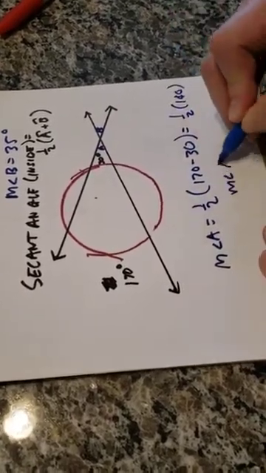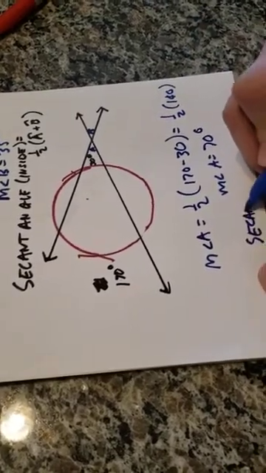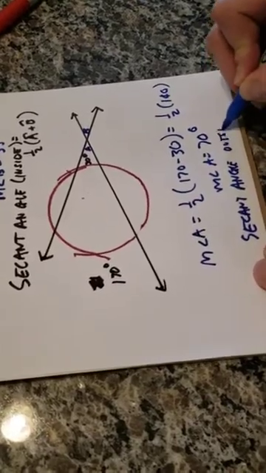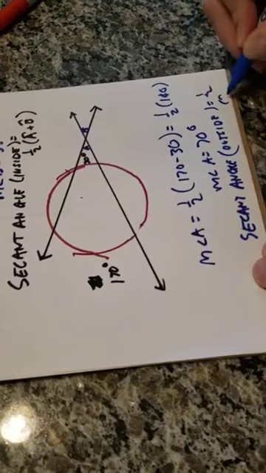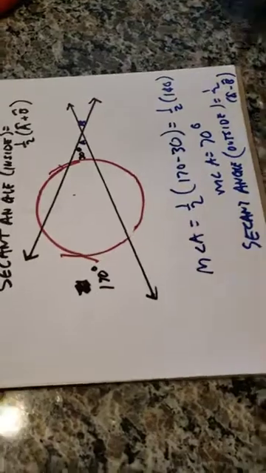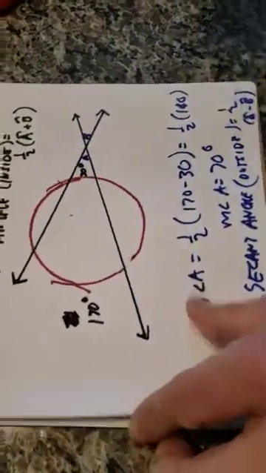The measure of angle A equals 70 degrees. So if we have a secant angle that's outside, we're going to take half of the difference of the further arc minus the nearer arc. I'm just calling this A and B for convenience.